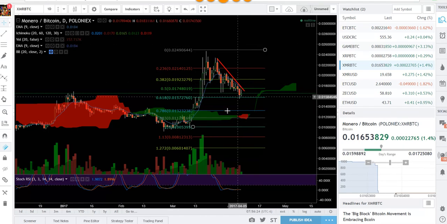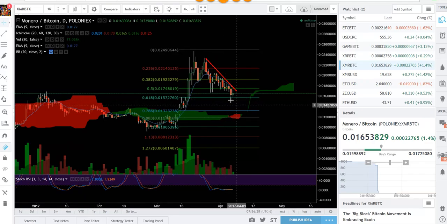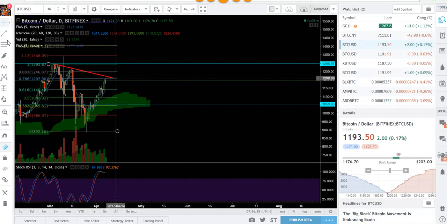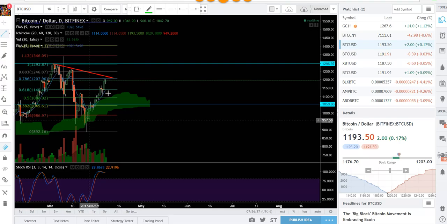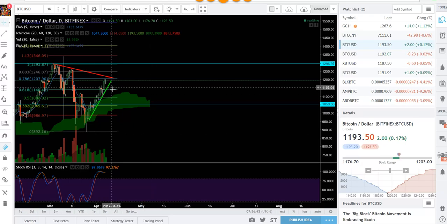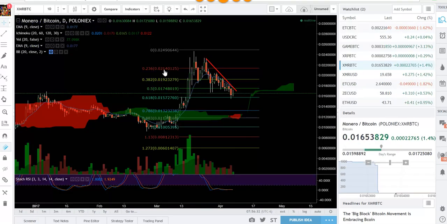But we get a little bit of an indication if we see now that Bitcoin starts selling off and breaks its trend line. Bitcoin is riding on a trend basically right in here. Once Bitcoin breaks that line, and starts breaking down and consolidating and correcting, we're most likely going to see this break this line.